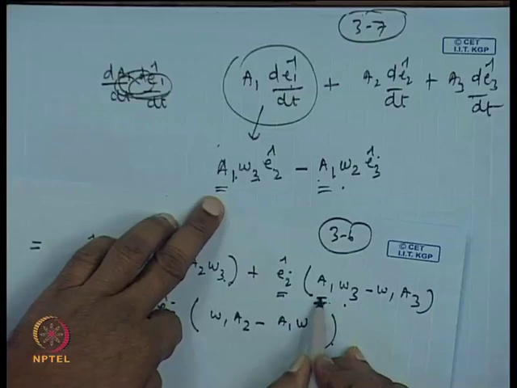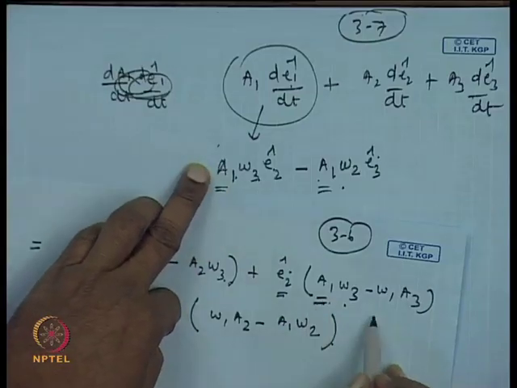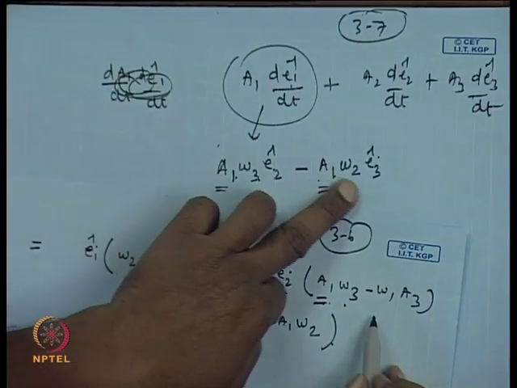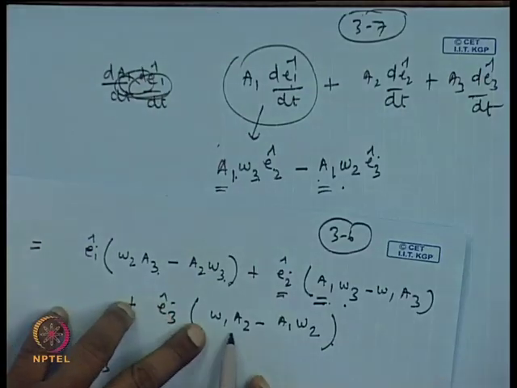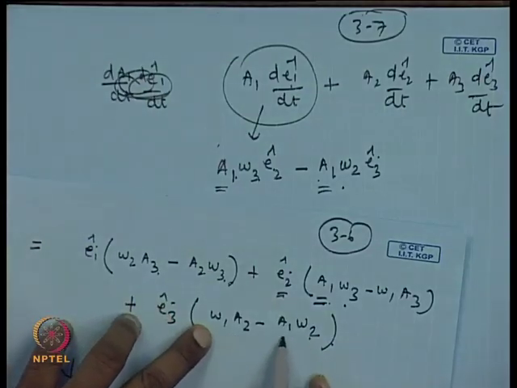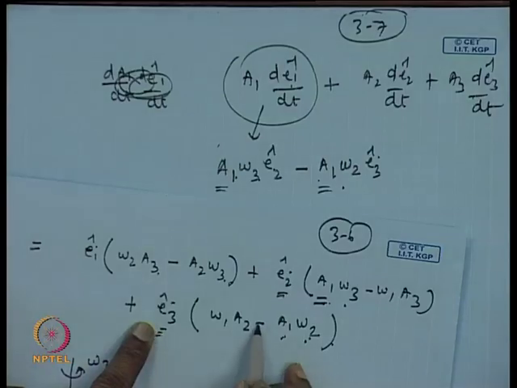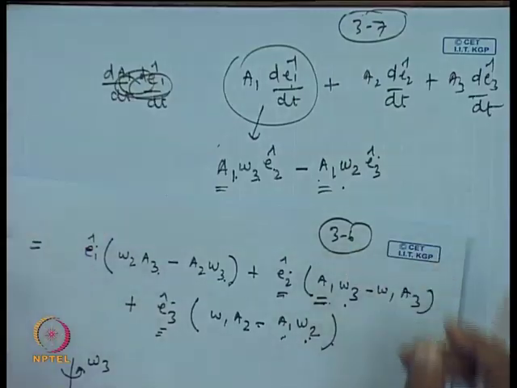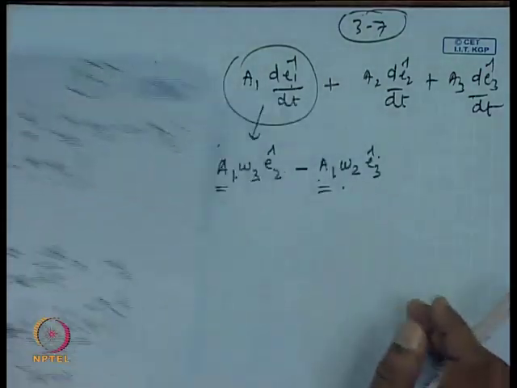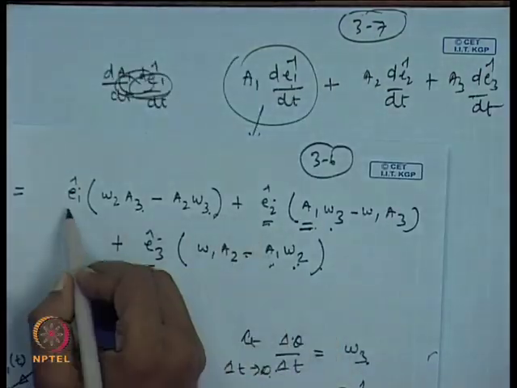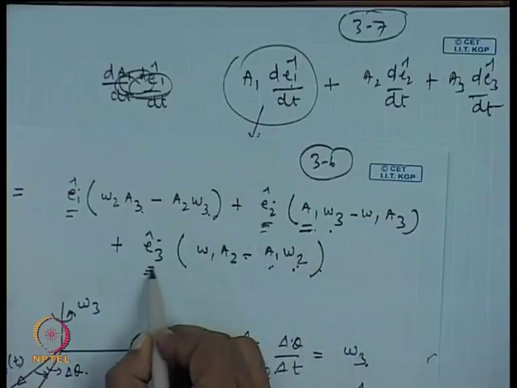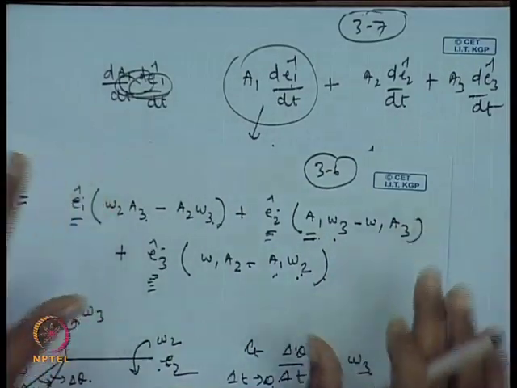So, this part you can see is a positive sign, and then you look for a1 times omega 2 times omega 3, this is your omega 3, this is with a negative sign. So, this way you can assemble component wise each of them, and then combine the terms with E1 cap, E2 cap and E3 cap together, and you will get this expression.